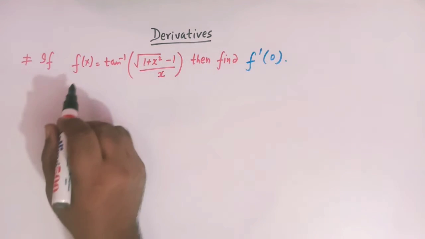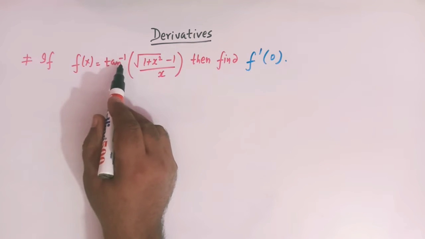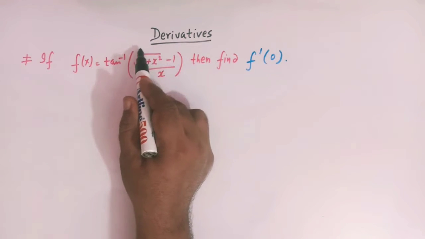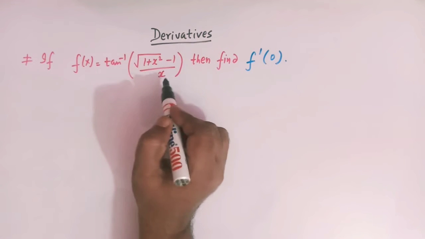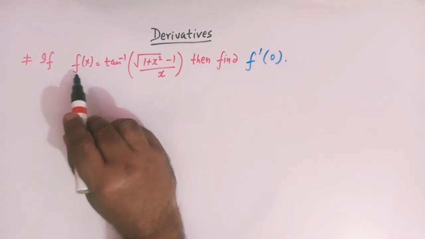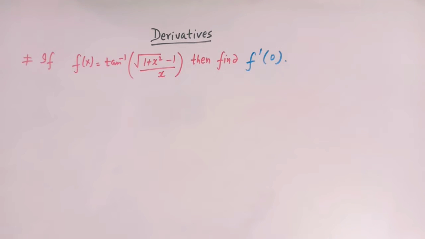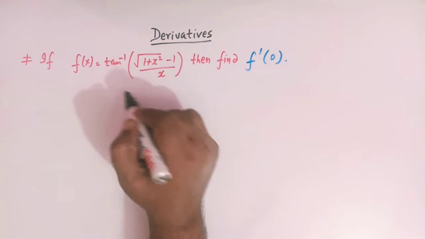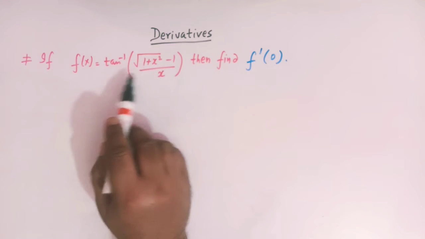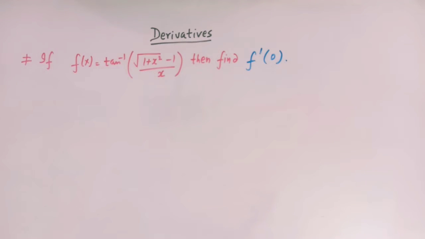We will not differentiate it directly. The first step is to simplify this expression by making use of a proper substitution. So let us first search for the proper substitution.